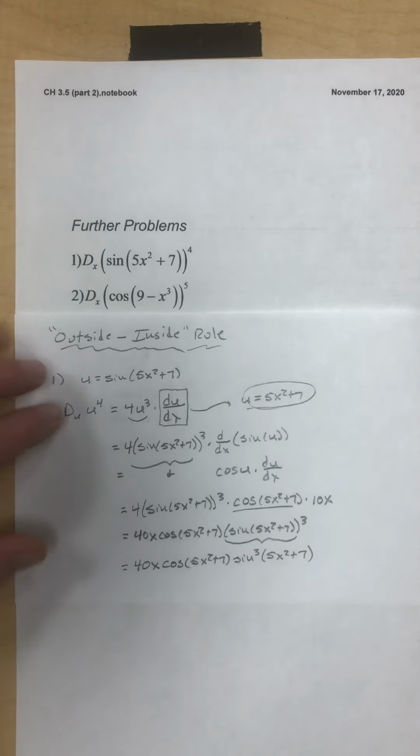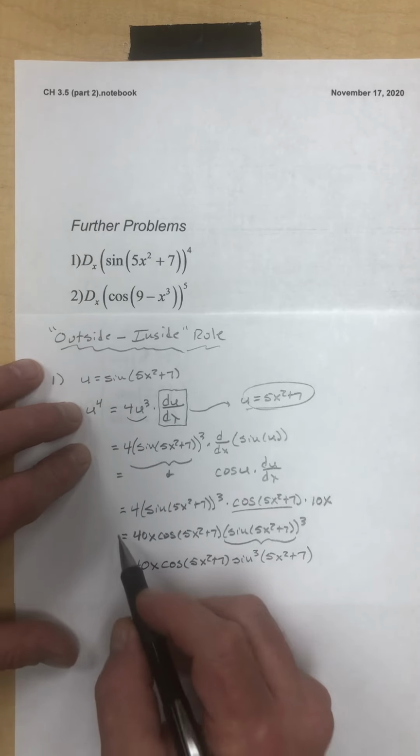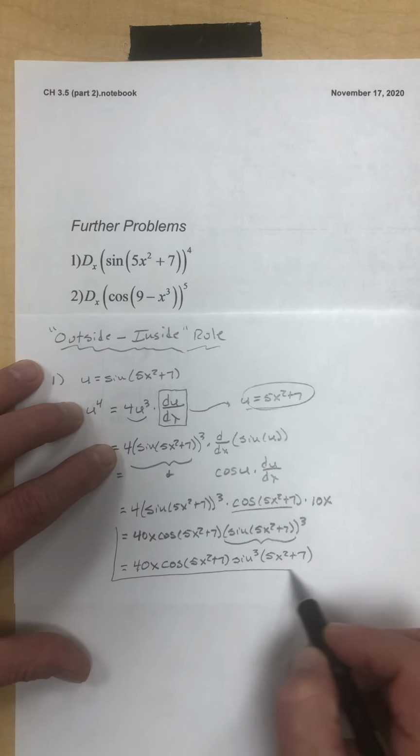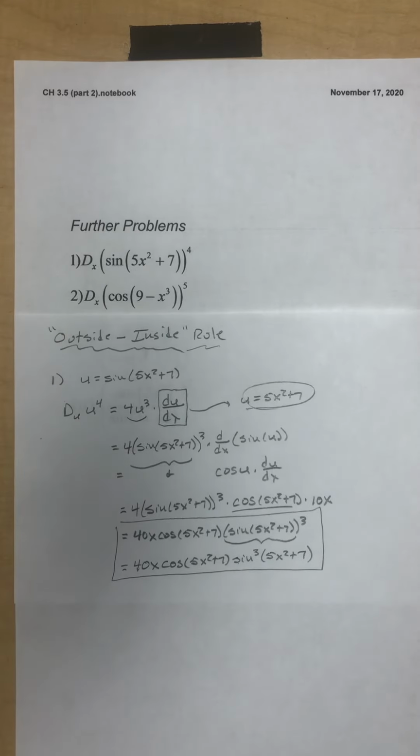Obviously, if you cube the whole thing, that's the same as sine cubed. It's just a matter of how you want to represent your answer. Either one's fine. I would probably gravitate towards the bottom one, but that's up to you. It doesn't make any difference here. So we got that first one done.